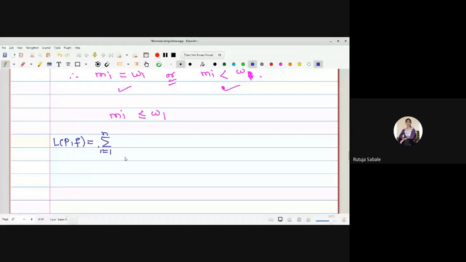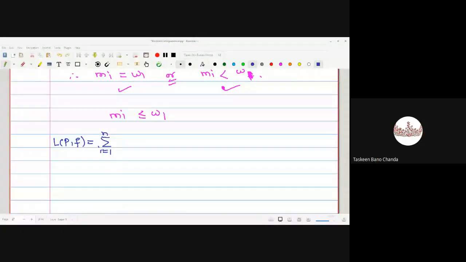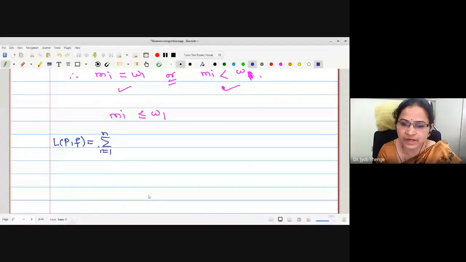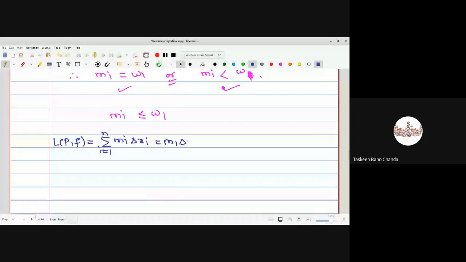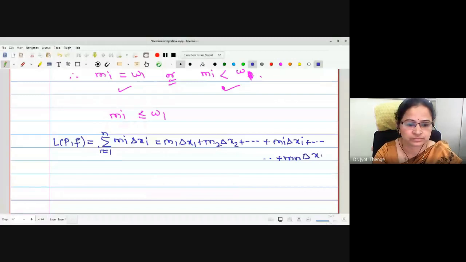Sum of small mi delta xi. Let me elaborate this: m1 delta x1, m2 delta x2, somewhere here I will have mi delta xi till mn delta xn. Okay.